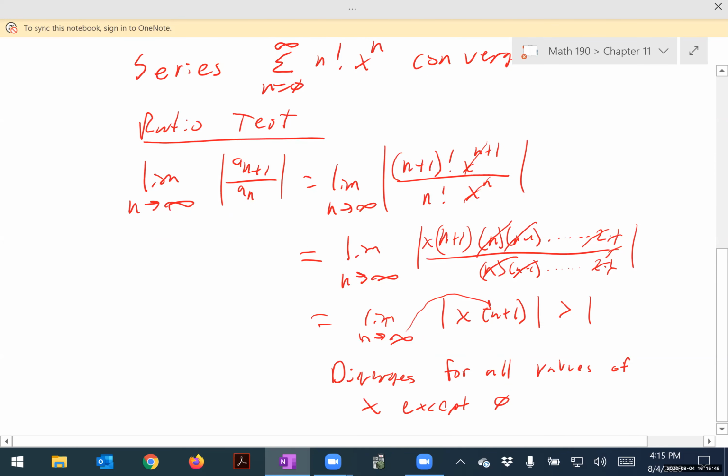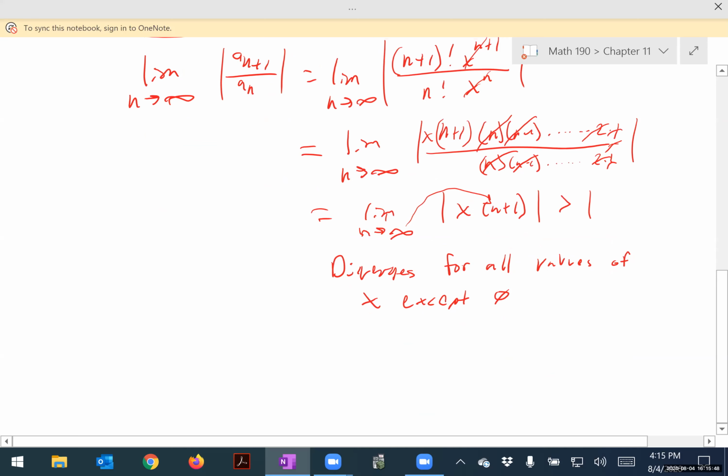But if x were 0, then the entire power series would look like, right? So if we listed out the first few terms of the sum from n equals 0 to infinity of n factorial x to the nth, what would this look like? This would be 0 factorial x to the 0 plus 1 factorial x to the first plus 2 factorial x squared plus 3 factorial x cubed plus and so on.